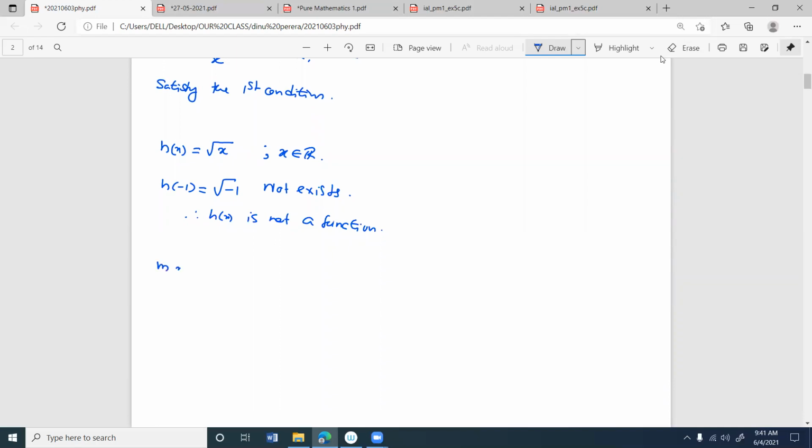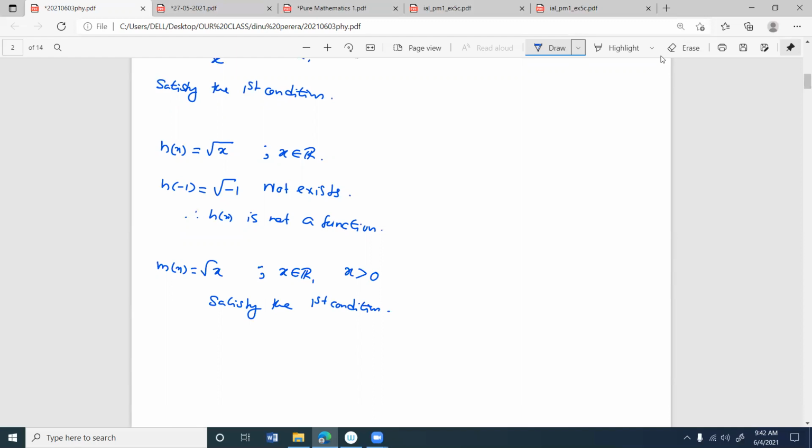Next, m(x) is square root of x. They have given x is any real number and x is greater than 0. If x is greater than 0, not a problem. For whatever value you replace, it satisfies the first condition.